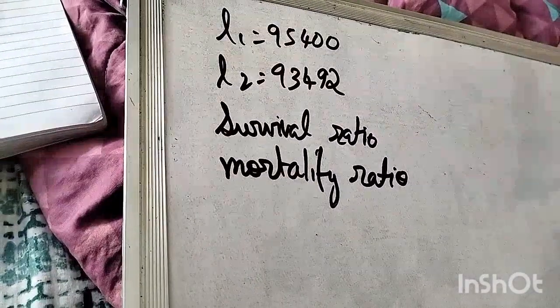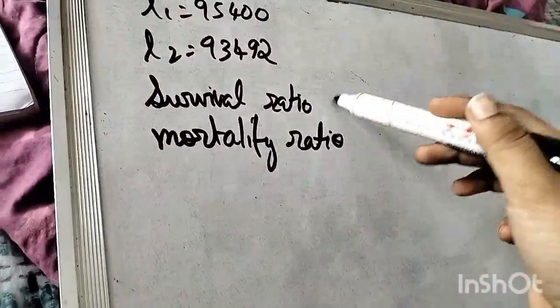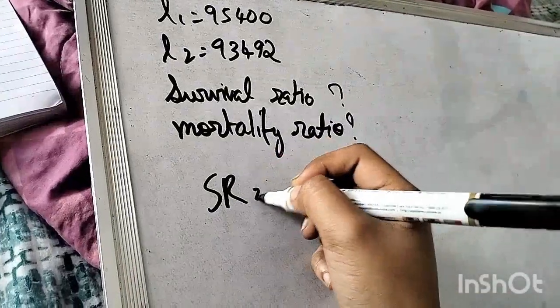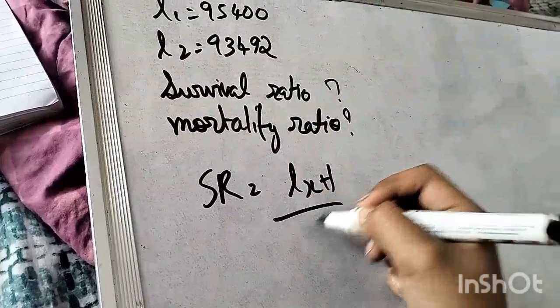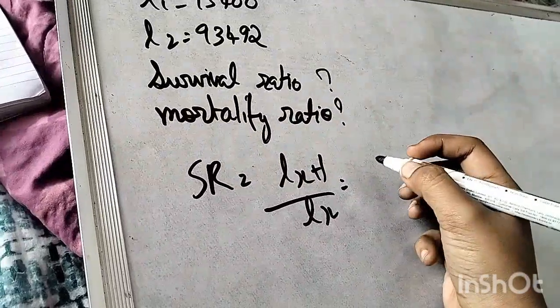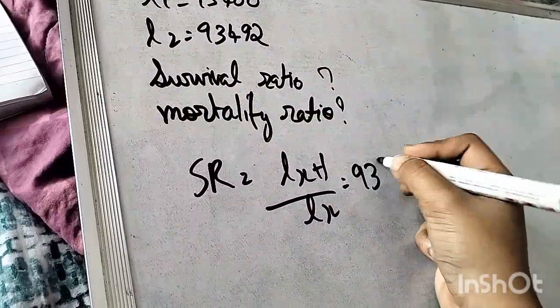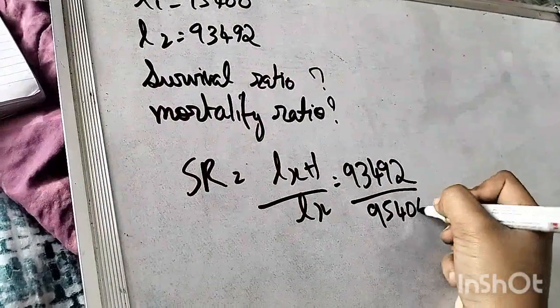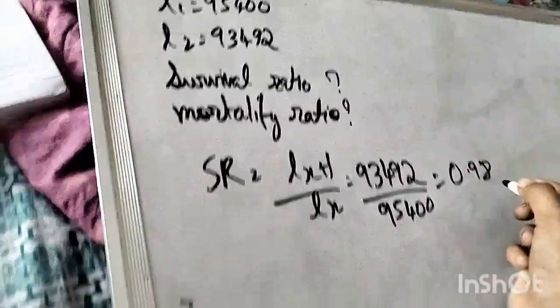L1 is 95,400, L2 is 93,492. You need to find out the survival ratio and the mortality ratio. So survival ratio is Lx plus 1 divided by Lx. Lx plus 1 is nothing but L2, so that's 93,492 divided by L1, 95,400, so that's going to be 0.98.